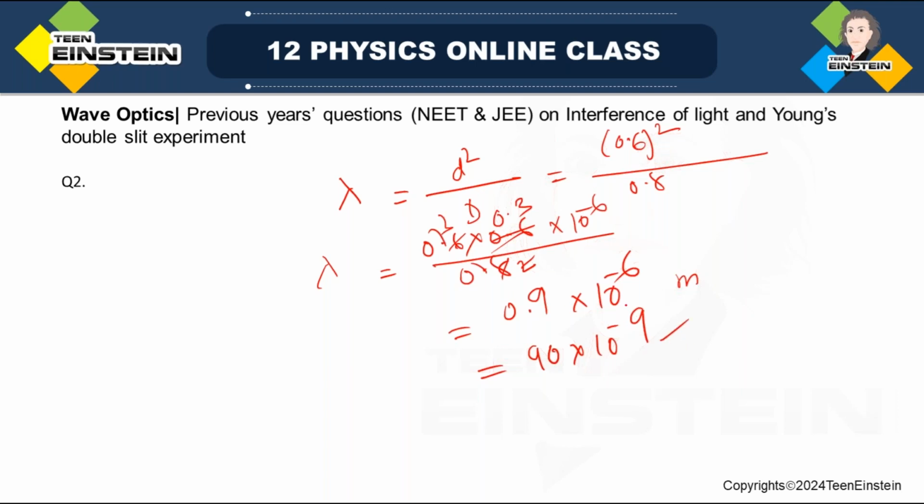But look what we have done here. Lambda is equal to, so this is 90 nanometer kind of.